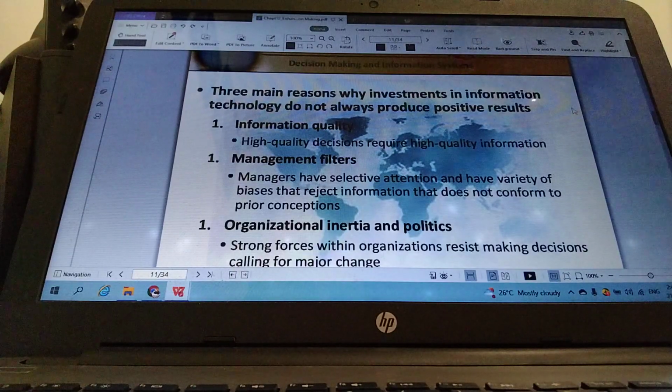Next, management filters. Managers have selective attention and a variety of biases that reject information that does not conform to prior conception. So it again depends on managers. Not all managers are the same. They are different in terms of knowledge, in terms of exposure, in terms of experience.